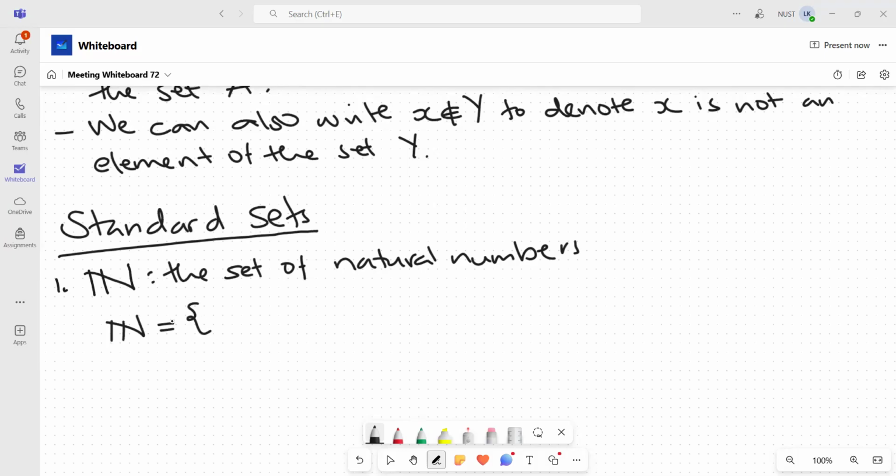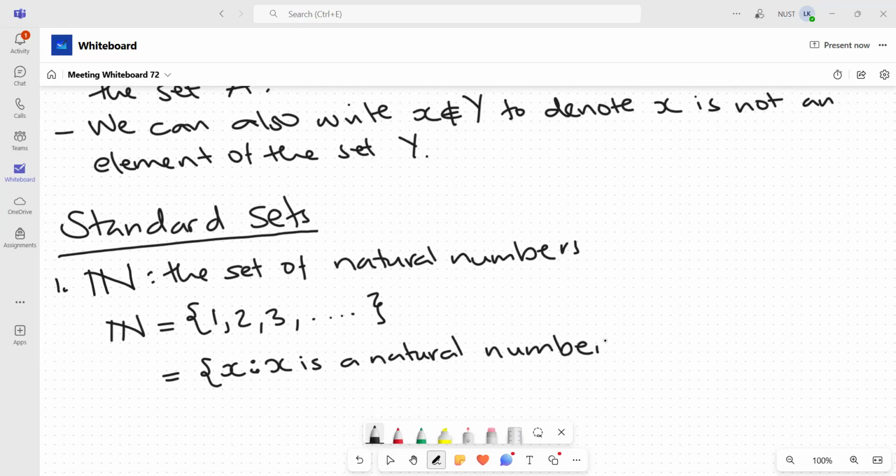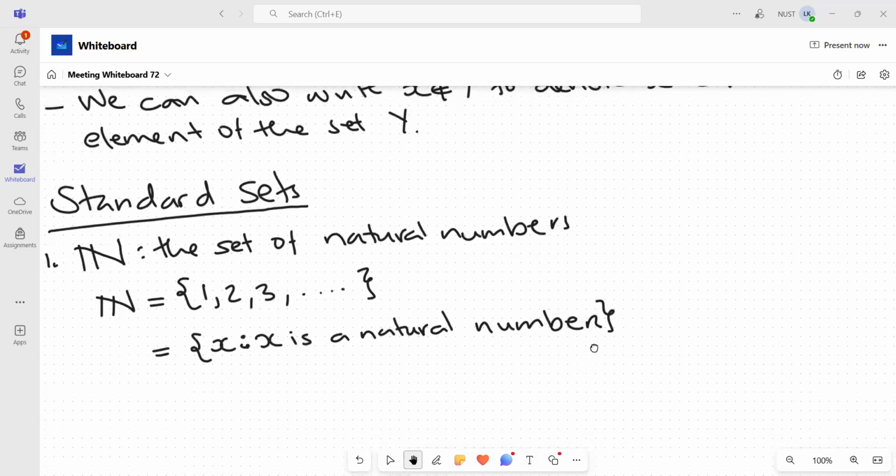These are our set braces, and we could list the elements: 1, 2, 3, and it goes on forever. The dots represent that it never ends. We could also write it like this: x such that x is a natural number. These are two different ways of writing our sets, okay? In a few minutes, we will define what this way of writing or denoting a set is, and what this one over here is. Okay, so that is our first set.